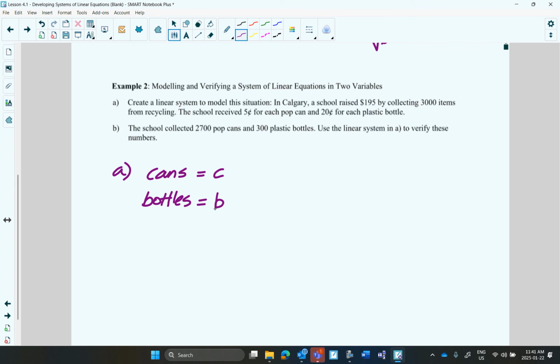Okay, so somehow I've got to take all the information in the problem and create two equations. What's the total number of cans and bottles? 3,000. So how would you put that into an equation? The total number of cans and bottles is 3,000.